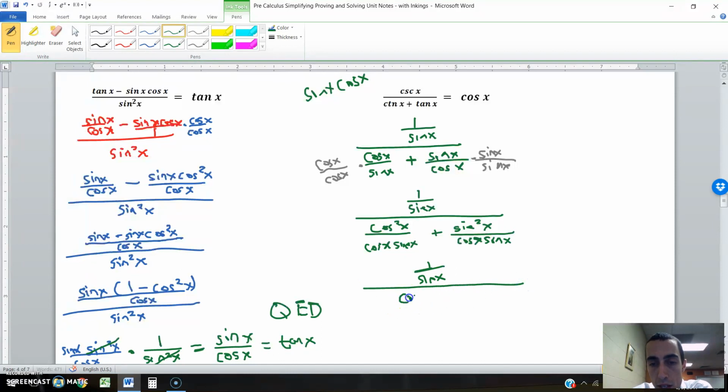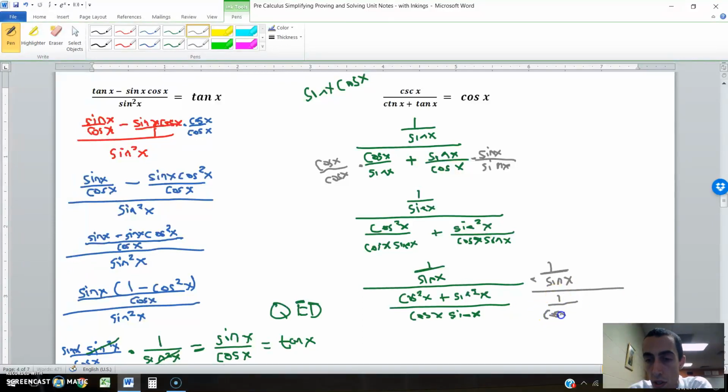It's pretty convenient what happens when we get those common denominators and add the two fractions together. Cosine squared plus sine squared is one of our Pythagorean identities, because that equals 1. And so this equals 1 over sine of x, big fraction bar, over 1 over cosine times sine.